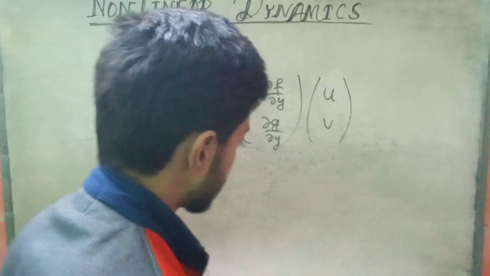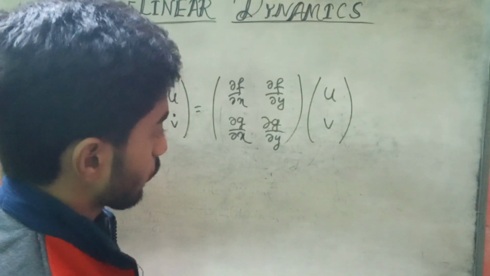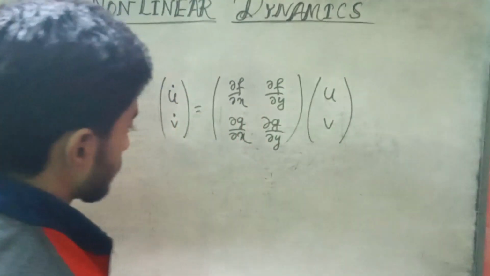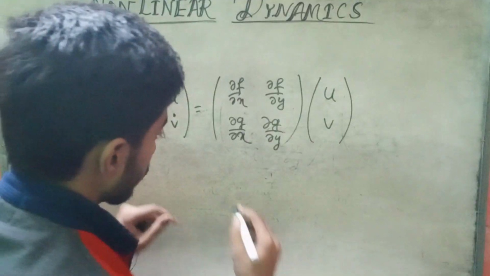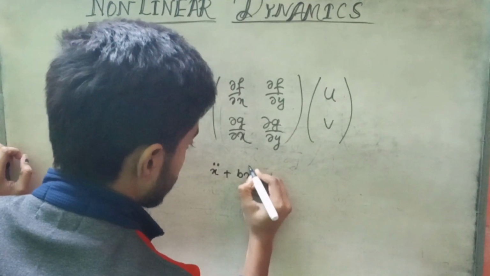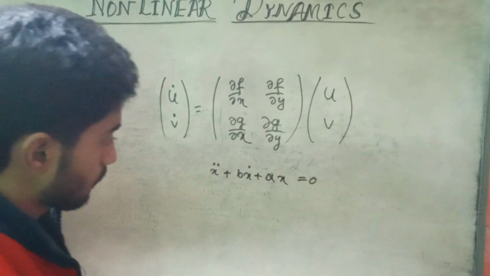So as the system becomes linear near the equilibrium point or the fixed point, we can write the system in linear form, which is, let's say, x double dot plus b x dot plus a x equals 0, right?